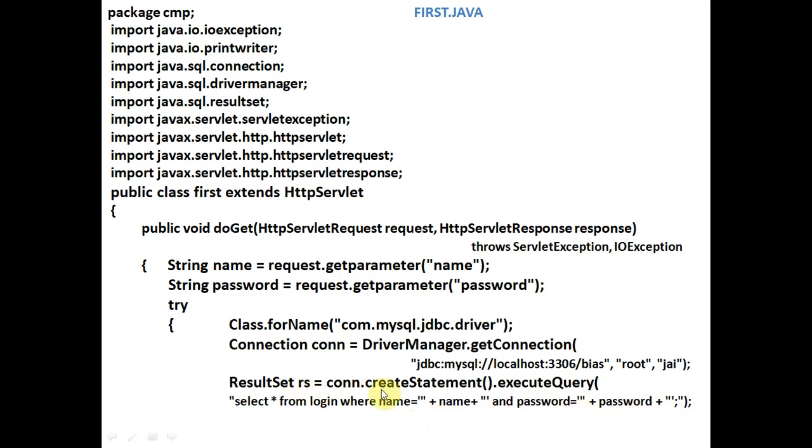The createStatement function is inside the Connection class, that's why we write connection.createStatement, and executeQuery is a function of the Statement class. So we have written three statements in one statement.